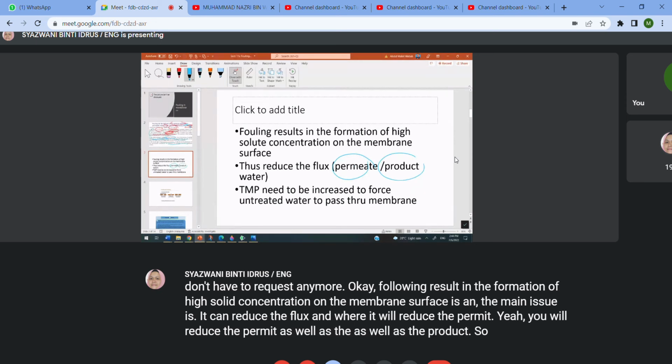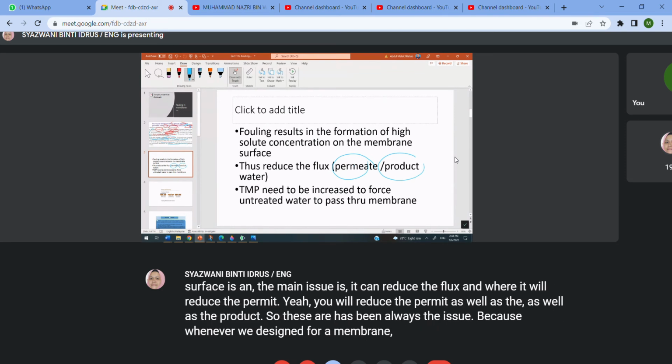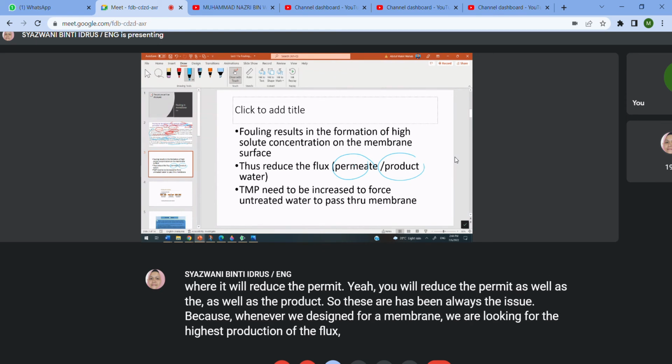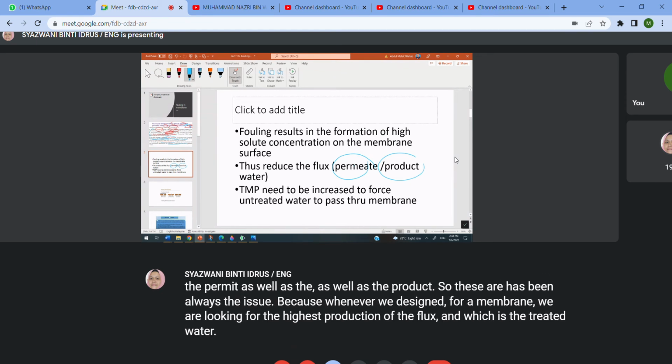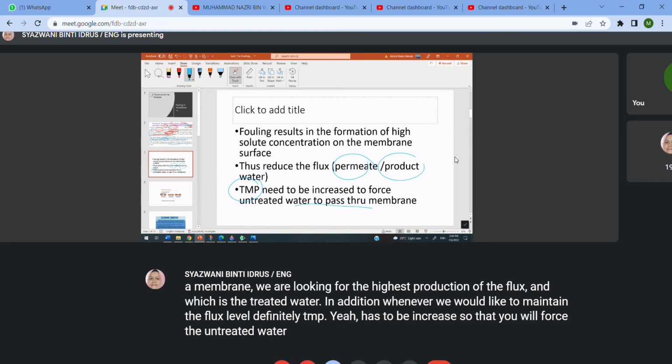This has always been the issue, because whenever we design a membrane, we are looking for the highest production of flux, which is the treated water. In addition, whenever we would like to maintain the flux level, TMP has to be increased, so that it will force the untreated water to pass through the membrane.